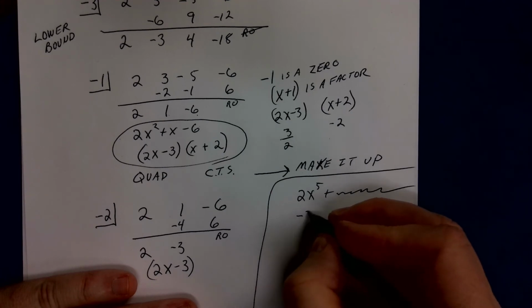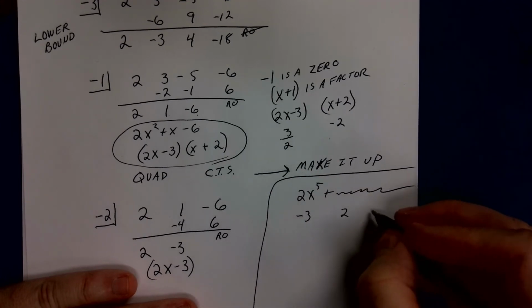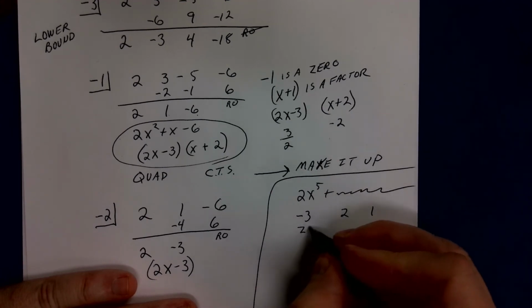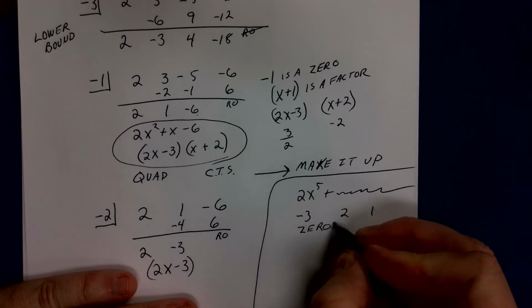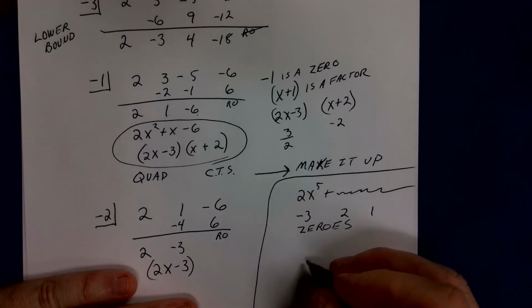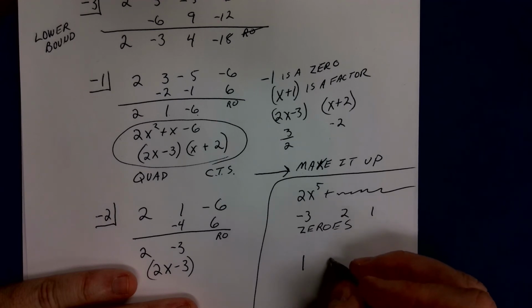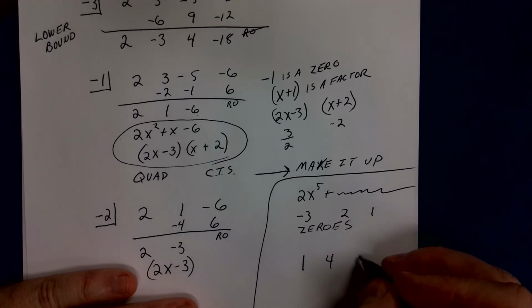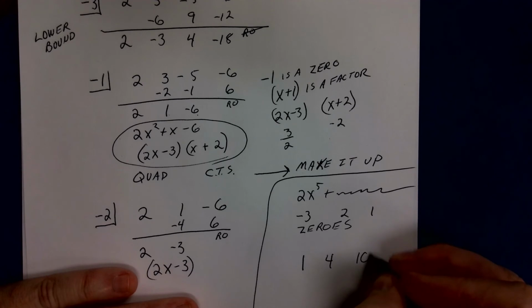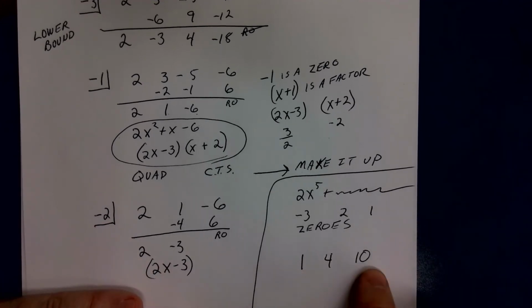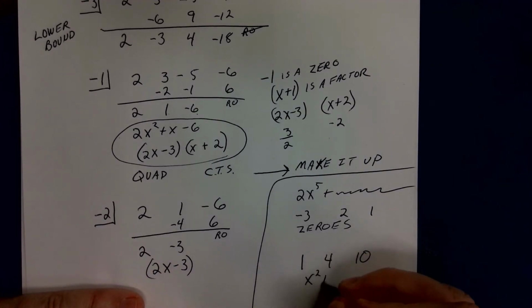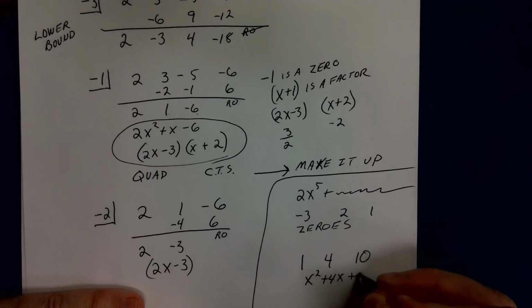And I'd already found that negative 3 and that 2 and that 1 were all zeros of that problem. And I was left with this for my last bit of synthetic division. A 1, and then a 4, and then a 10. Well, that means that that equation was x squared plus 4x plus 10.